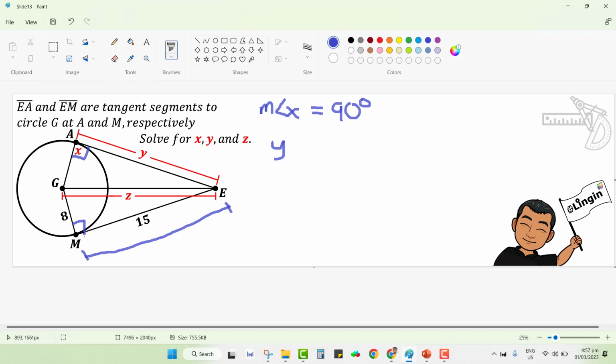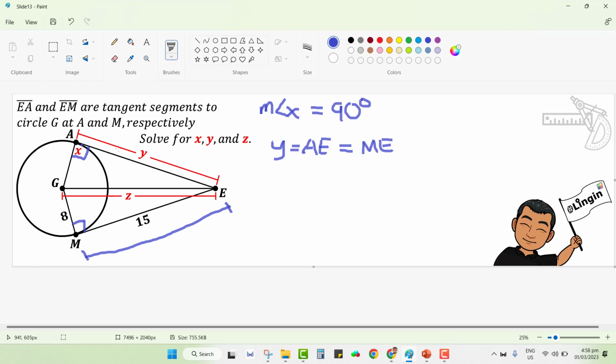There is a theorem that tells us that if two tangent segments are drawn from the same exterior point to the same circle, the tangent segments are congruent. This would mean Y, as the measurement of AE, is just equal to the measurement of ME. That is one of the theorems pertaining to tangent segments.